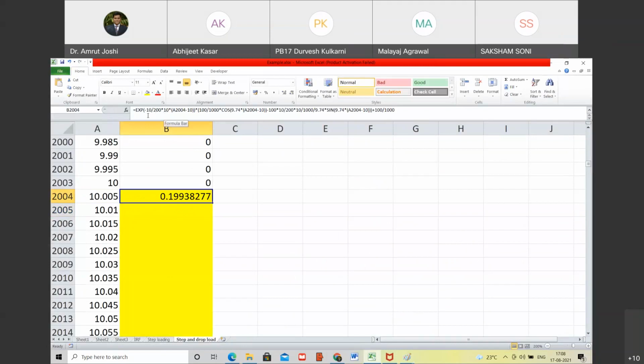So let me check. Exponential minus 10 by 200 into 10 into, this is correct. This value seems a bit off, 199 mm. Can it occur in just a time of 10.005? Just give me a second.